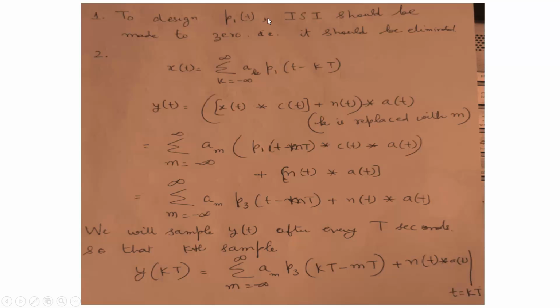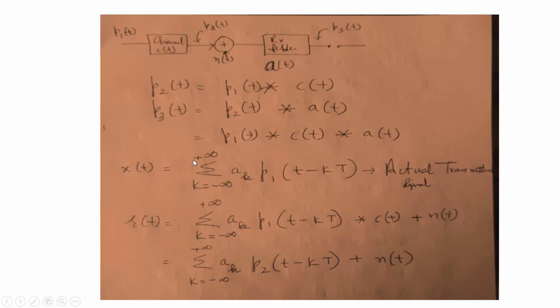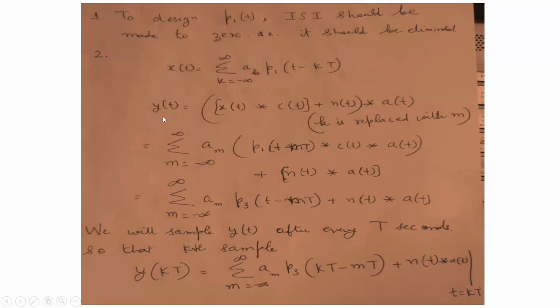Now to design p1(t), ISI should be made 0, that is, it should be eliminated. We know what x(t) is. x(t), as I have described here, is the transmitted signal consisting of the sum over k from minus infinity to infinity of a_k p1(t minus kT), the actual transmitted signal waveform representing the digital bit stream. Right. So what is y(t)? y(t) is the result of the convolution of x(t) with the channel response, plus noise added, of course.